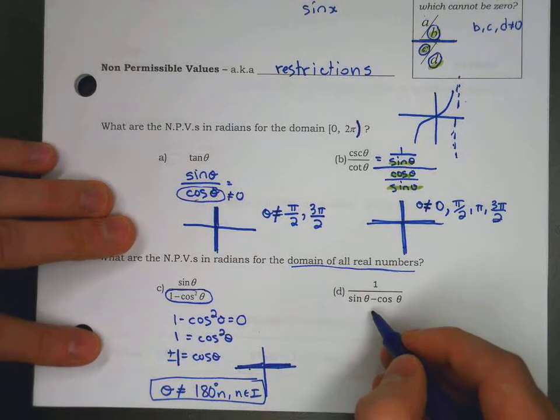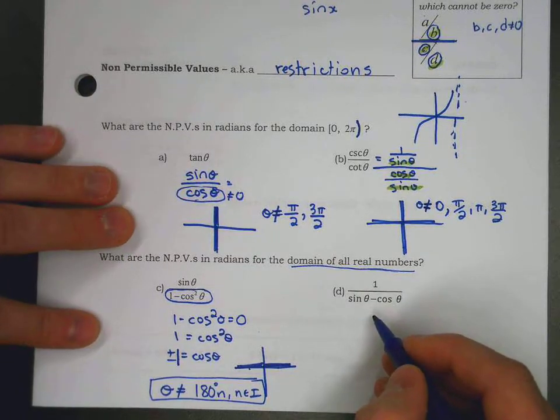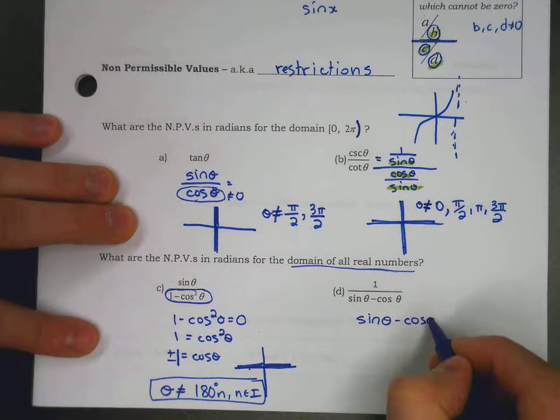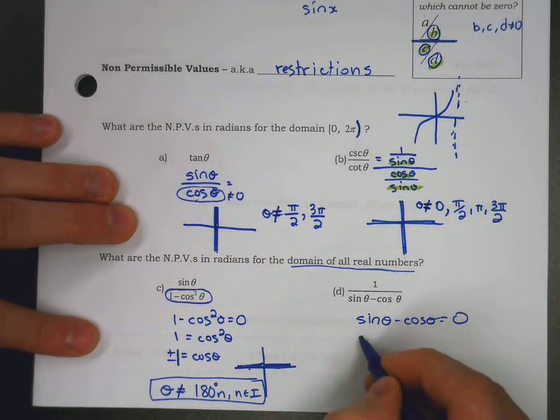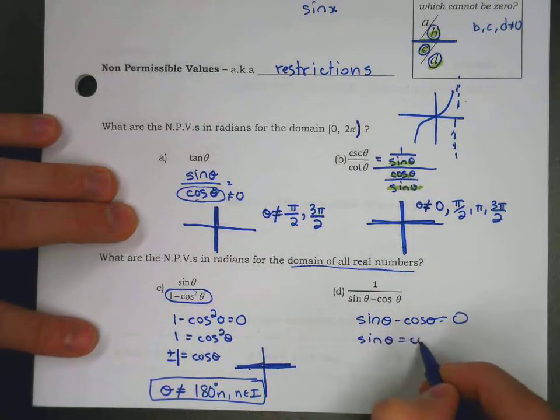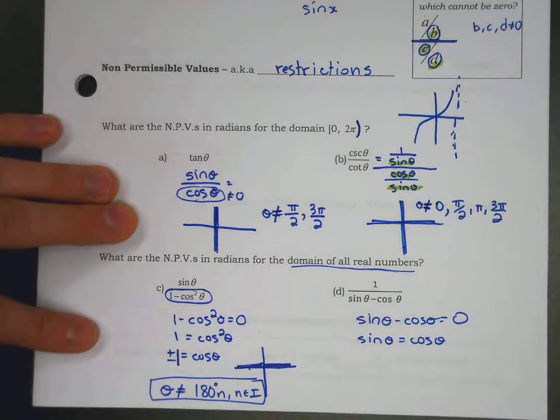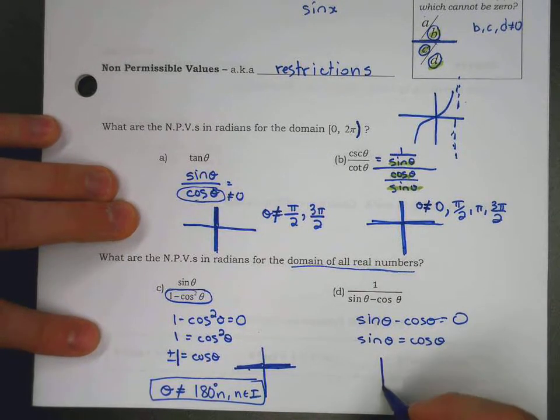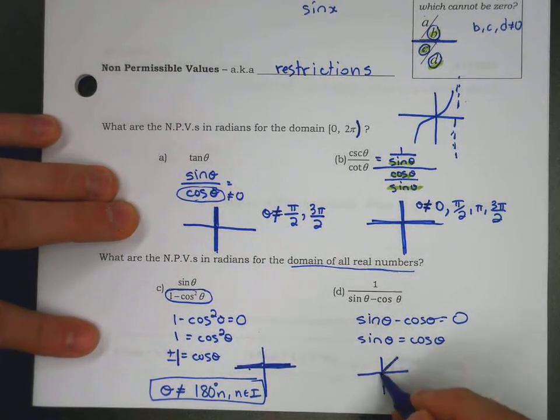For letter D, it's a little bit weird to see sine minus cos, but if we again say, when is the denominator 0, and maybe add the cos over to the right side, I can ask, when is sine equal to cos? Think about the unit circle. When are your y values equal to your x values? At 45 degrees and at 225.